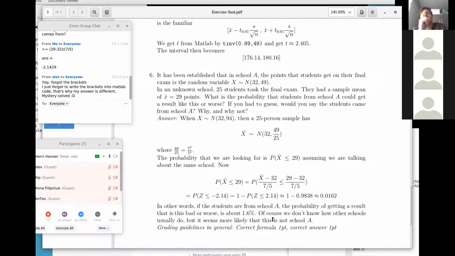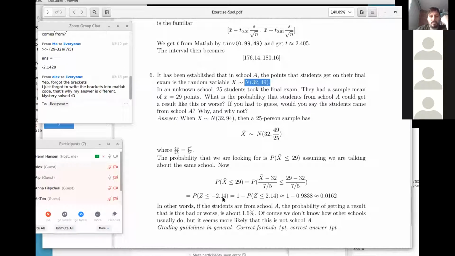And this is one place where you can use Bayesian analysis. You could dig out, for instance, the variance and expected value of all other schools. If the whole country average over schools has a smaller average and a higher variance, then you could do this for every other school.